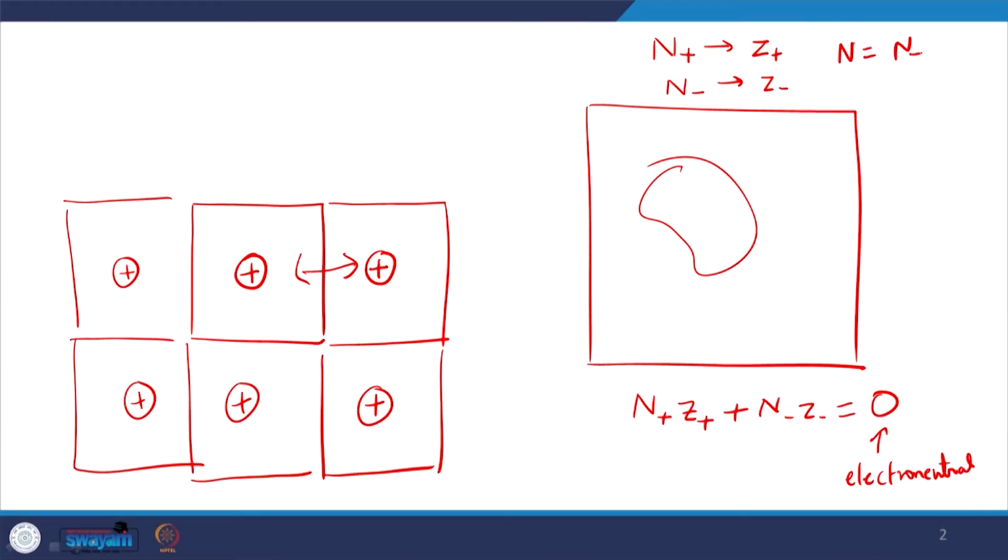Whatever number of particles we are simulating, that is n equal to n plus plus n minus, those particles should be distributed between the positive and negative particles in a manner that the system overall is electroneutral, and we always do that in all the simulations that I will discuss.